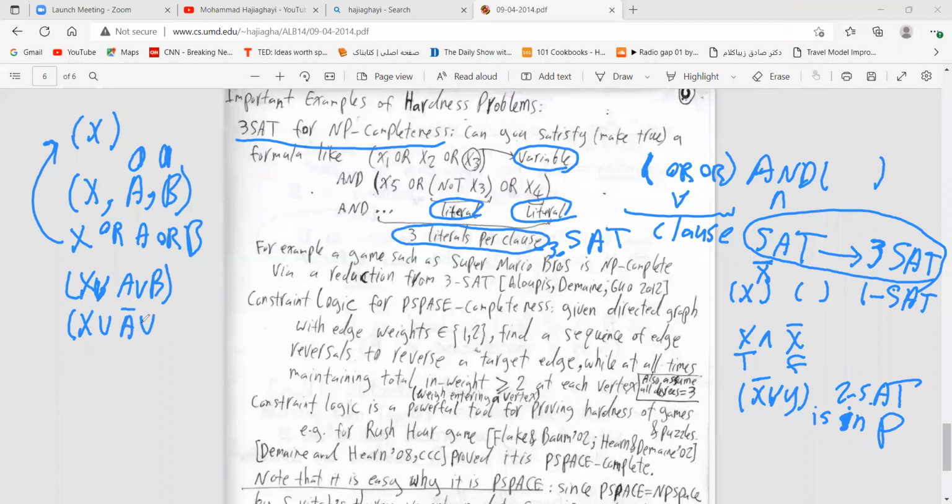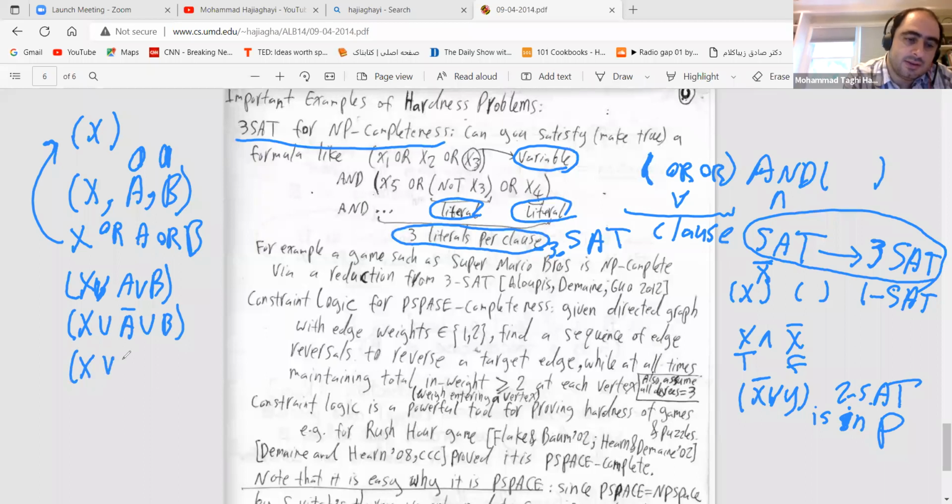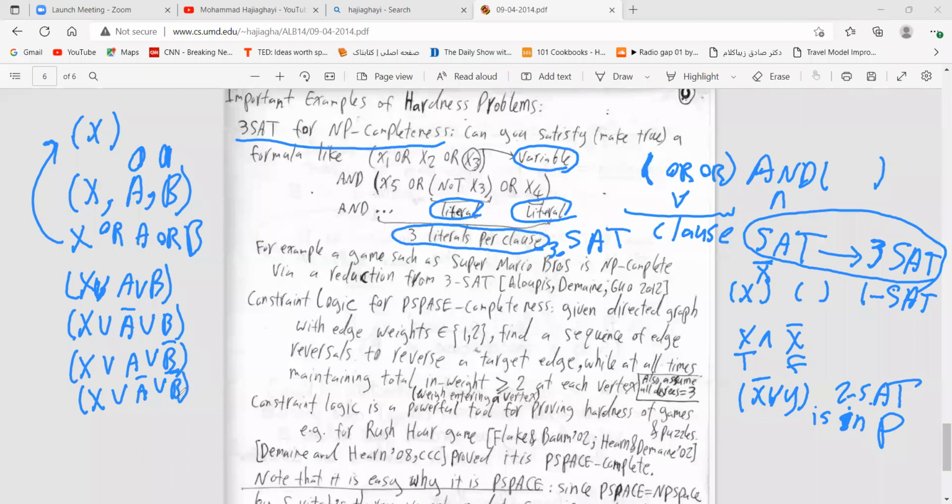This is A hat and then B, x or of a, then a and b bar, or b hat, and then x, a bar. Yeah, every combination. So if you put every combination, we cannot force that a and b become 0.